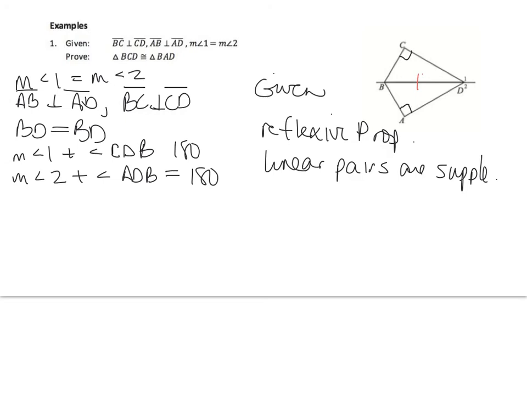And if I know angle 1 is equal to angle 2, I can say that the measure of angle CBD is equal to the measure of angle ADB.